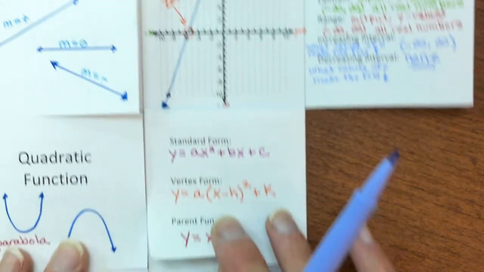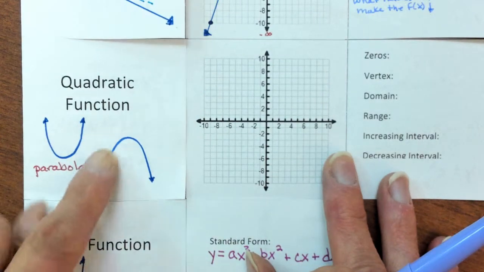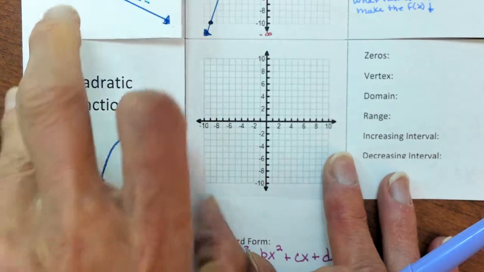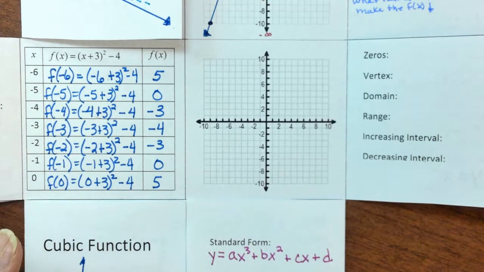So let's look down at our quadratic function. Quadratic, if you notice, is curved. So we have to do more than 2 points. In fact, we should probably plot all of the points that were given because it's curved.